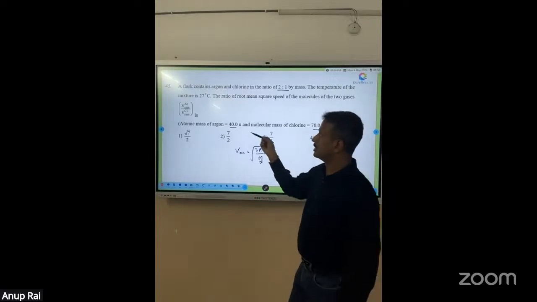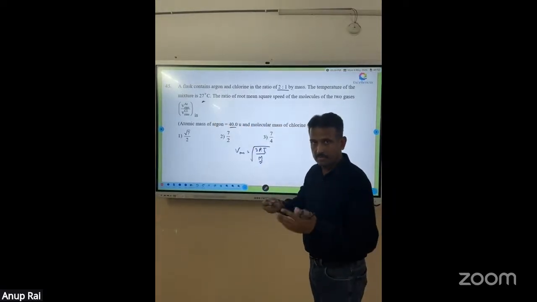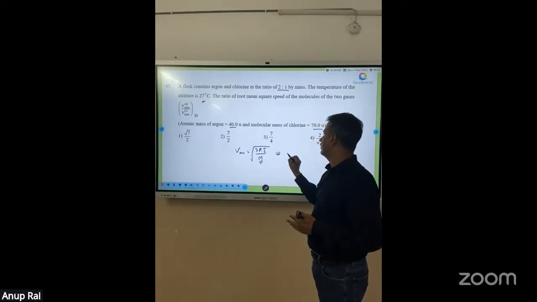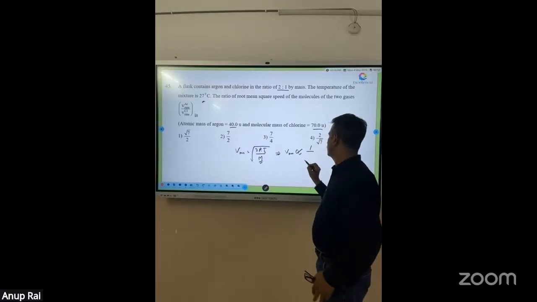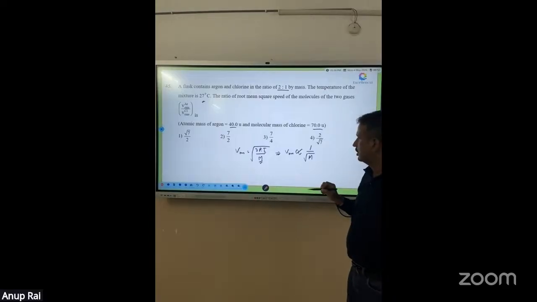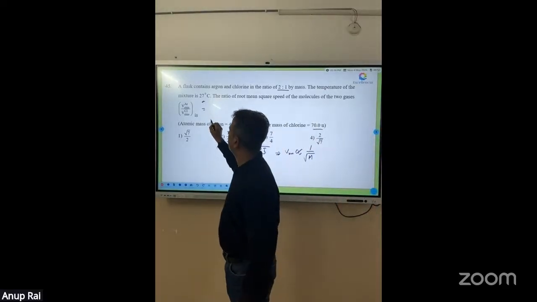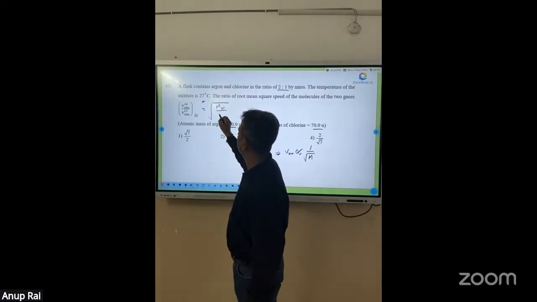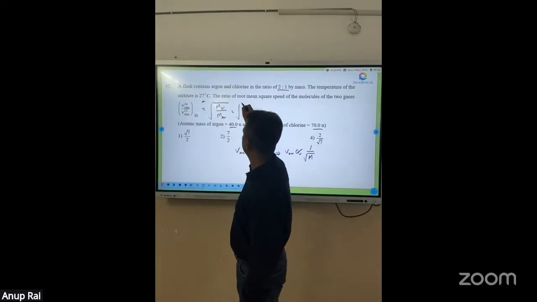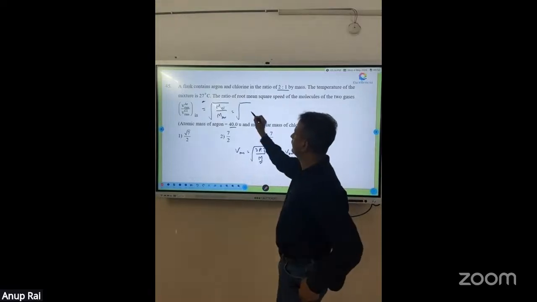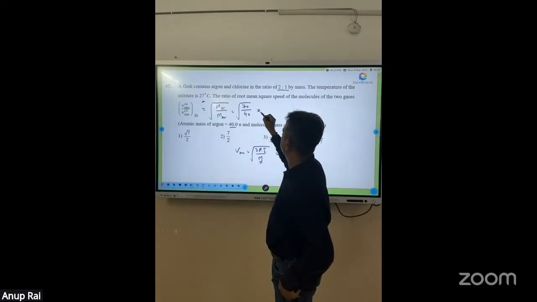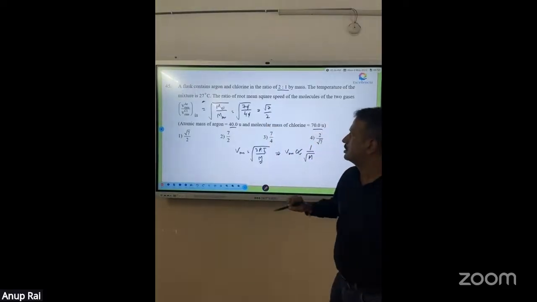Since temperature remains constant for both argon and chlorine, the RMS speed is inversely proportional to the root of the molecular mass. Taking the inverse ratio, it is the root of the molecular weight of chlorine divided by the molecular weight of argon, which is root over 70 by 40. So it is going to be 27 divided by 2. So answer 1 is correct. Okay.